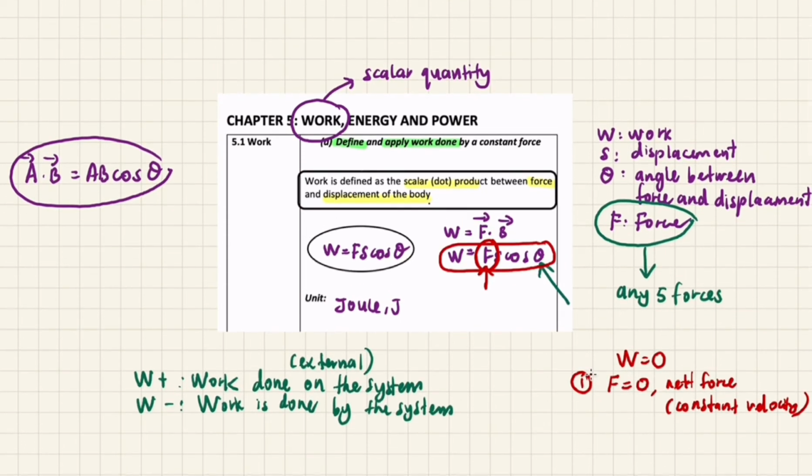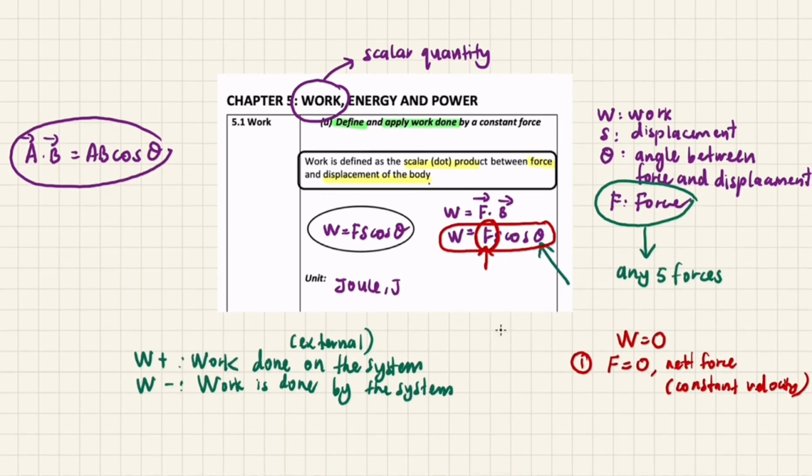Okay, yang kedua, work kita akan menjadi 0 bila kita tak ada displacement, maksudnya ibarat kita tolak dinding, kita bagi force yang maksimum, tapi dinding tu tak bergerak.